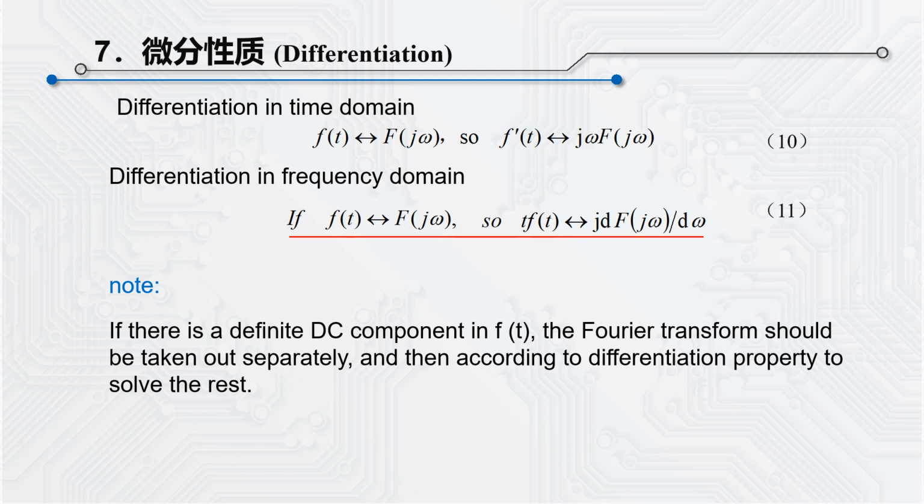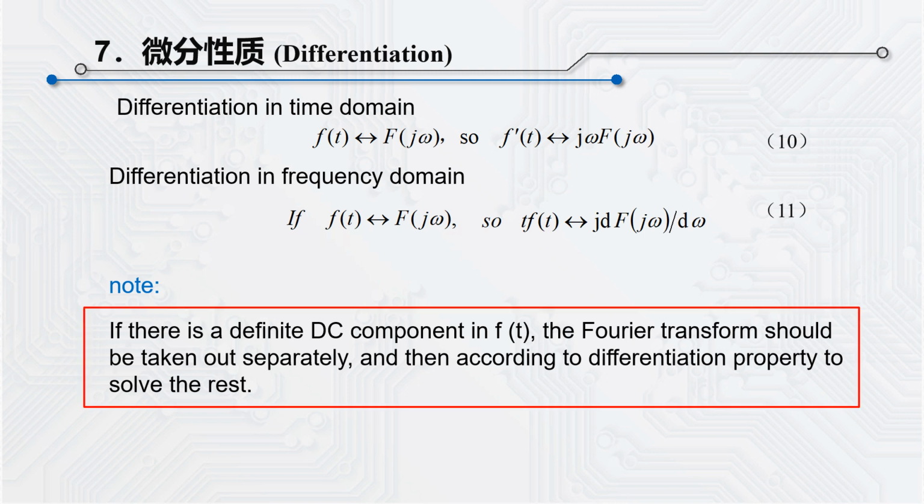When you use this property, you should know that if there is a definite DC signal in f(t), you should first solve the DC signal and then solve other parts by the differentiation property. That is to say, first you should solve the Fourier transform of the DC component of f(t), then according to the differentiation property solve the rest.